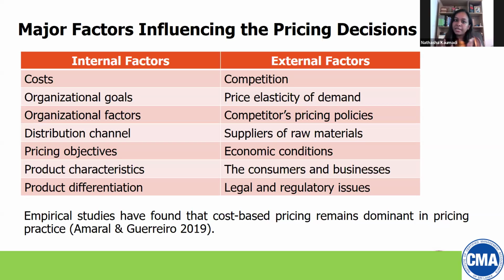Sometimes some organizations are positioning themselves as market leaders or best quality providers in the market, premium product suppliers in the market. So different objectives, different goals are there. That is also important. If the organization is trying to accumulate profits as much as possible, as soon as possible, in a very short period, they would go for a higher price. So that is the objective, the goal of an organization. So those are important when pricing.